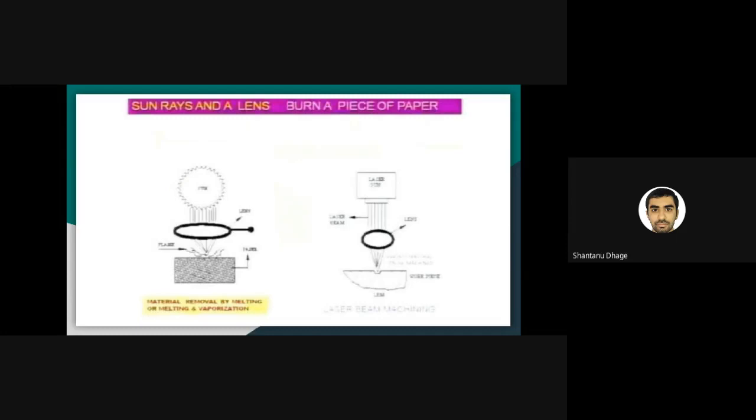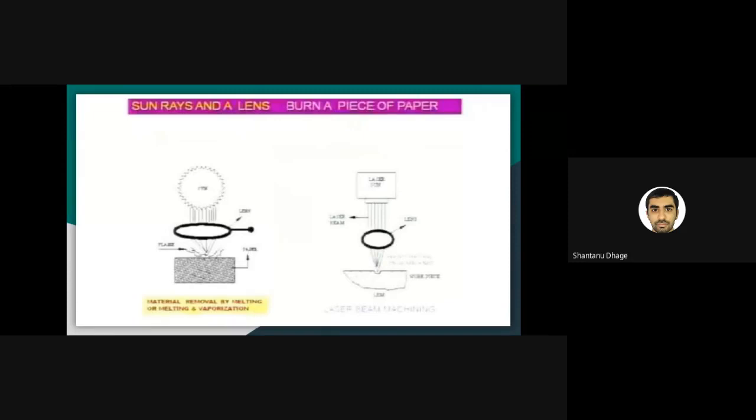Once again, the heat intensity of the sun rays at that point is very high, and due to that it starts burning the paper.